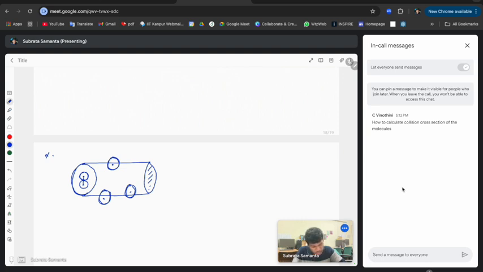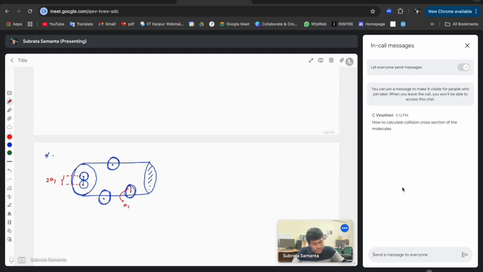So if the radius of the molecules is a1, what is the distance? It is 2a1, right.